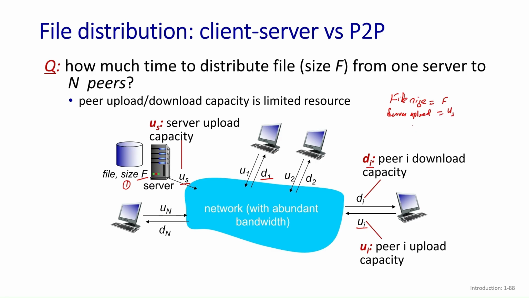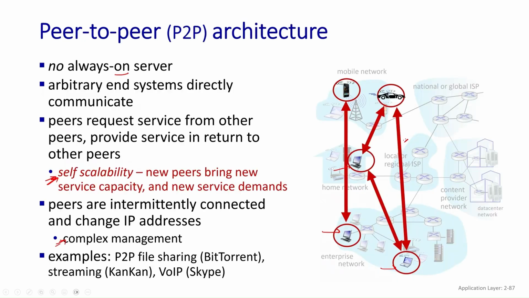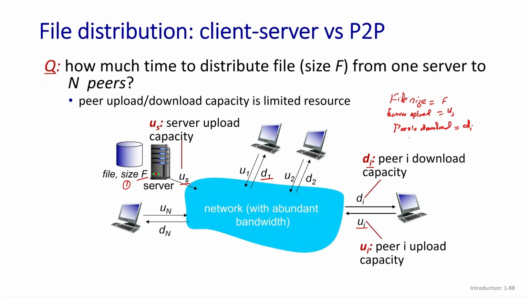Then we have the peers' download capacity, which is d sub i, and then the peers' upload capacity, which is u sub i.